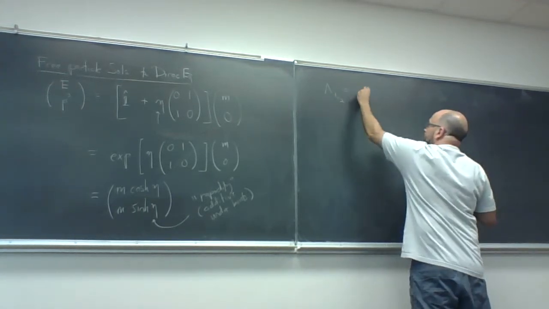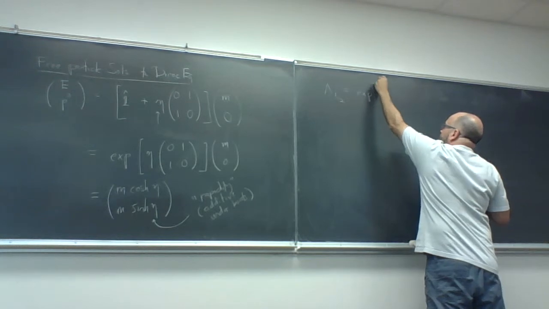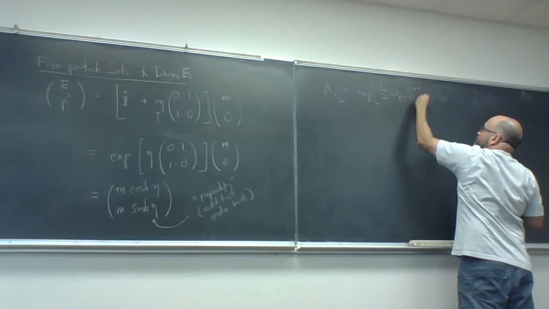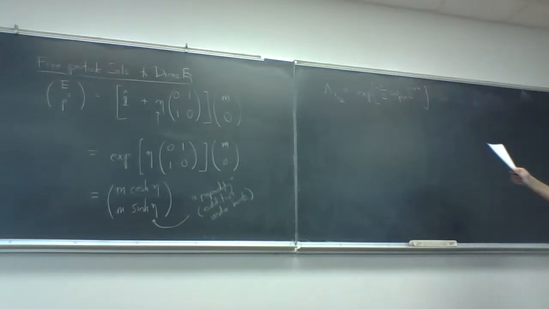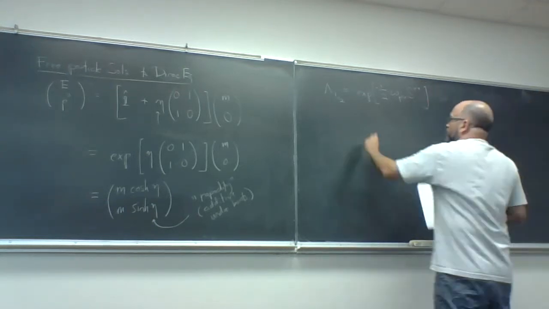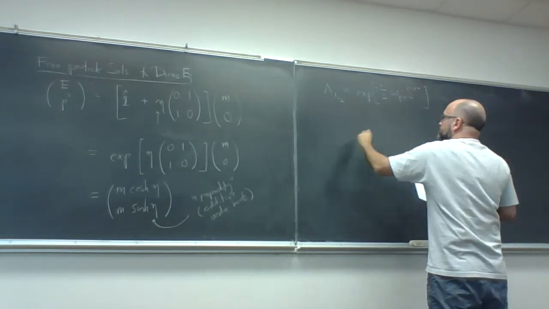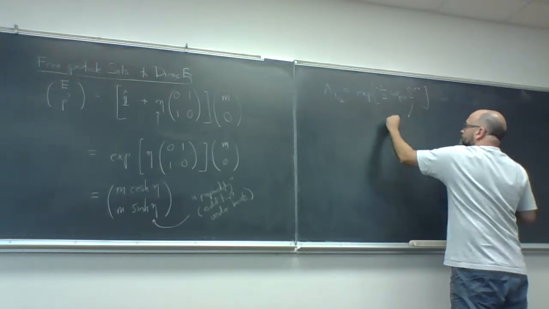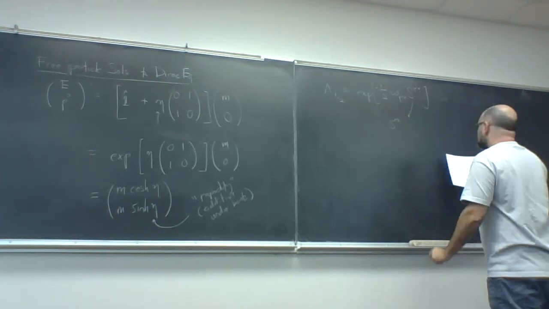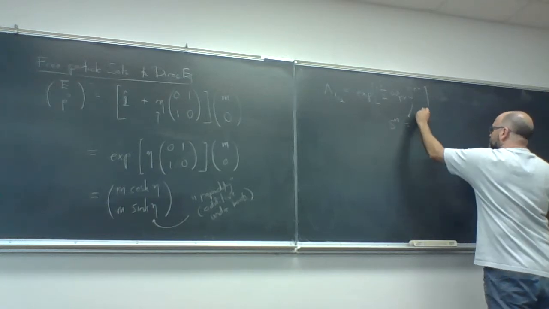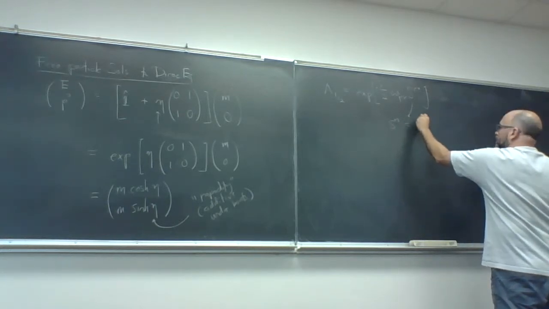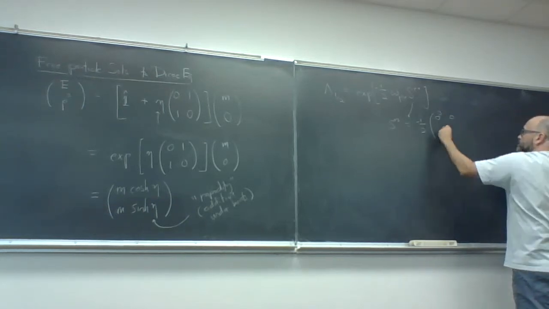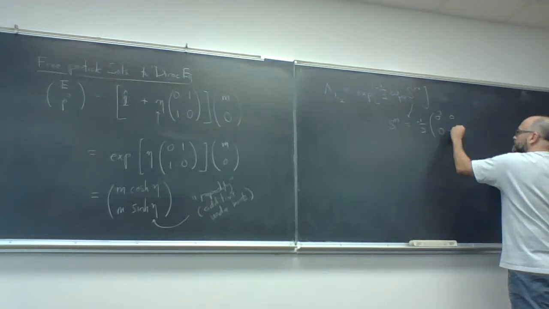It's an exponential, minus i over 2, and then omega mu nu S mu nu. And we're going to consider a boost along the z direction. So in that case, this thing is going to be S03, which is minus i over 2 times sigma 3, 0, 0, minus sigma 3.